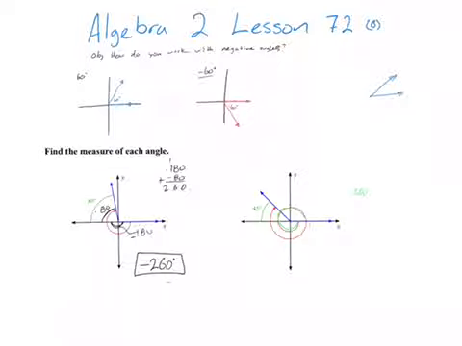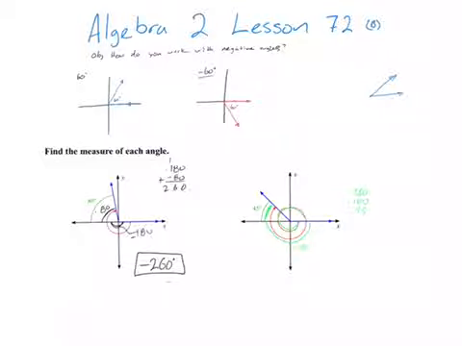From here to here is going to be a negative 180. And then this last chunk right here is another negative 45 degrees. Again, it's just negative because I'm moving in the clockwise direction. So to find out what that angle is altogether, just add those all up.